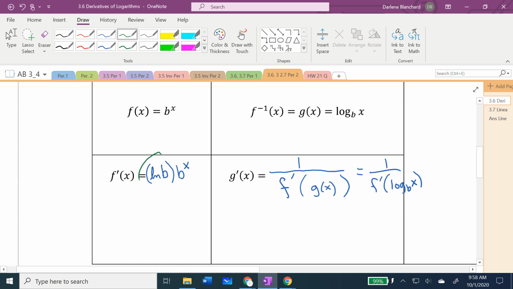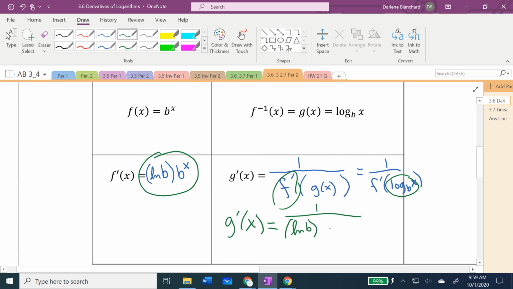That means I'm going to come over here and look at this formula, and that is the f prime, and I'm going to plug this in. So g prime of x is equal to 1 over constant natural log b times b to the power of log base b of x.